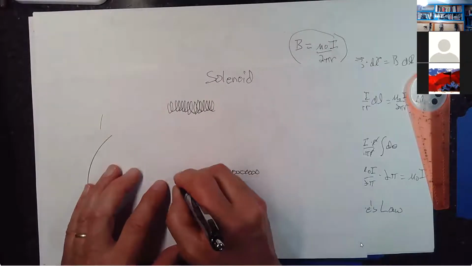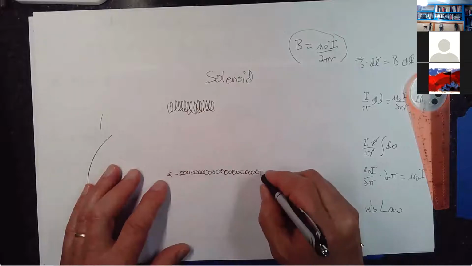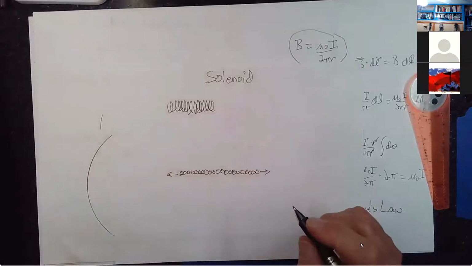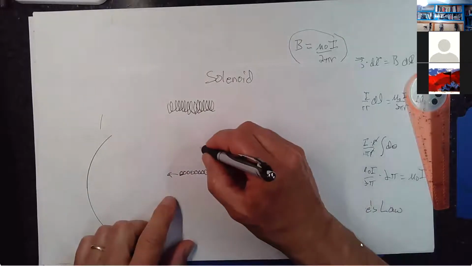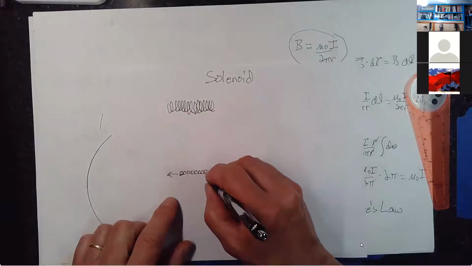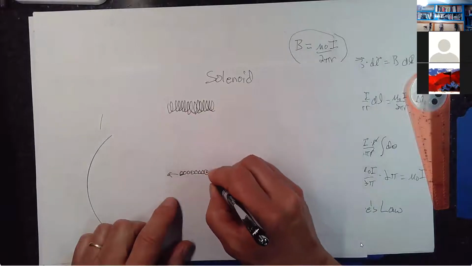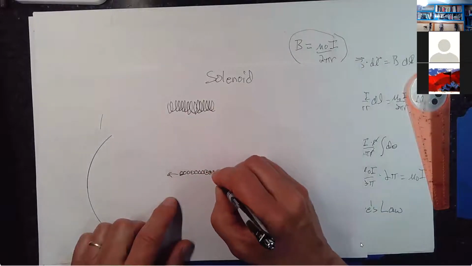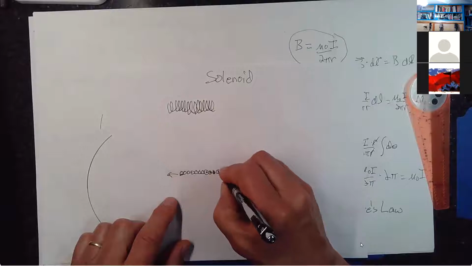And these wires go in both directions a long ways. And so that's what you start with. And then let's just suppose that these currents are all going into the page here. So we've got something like this.